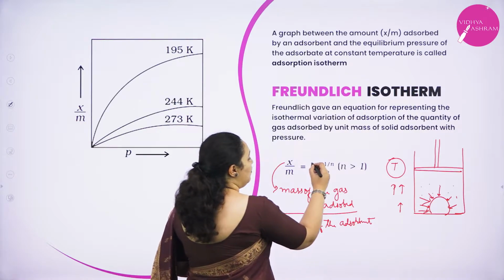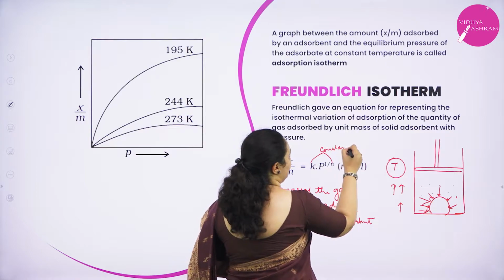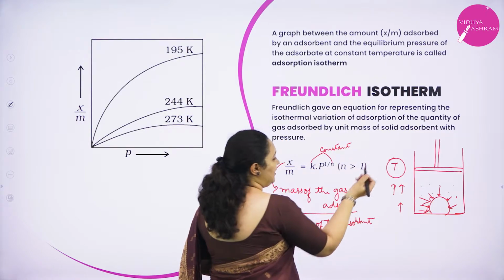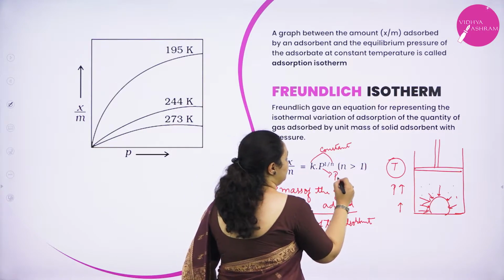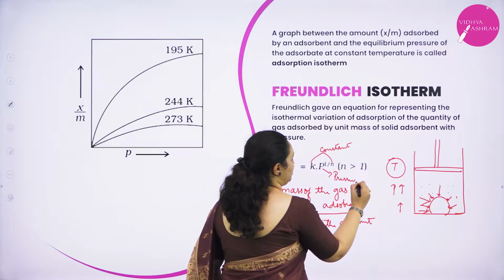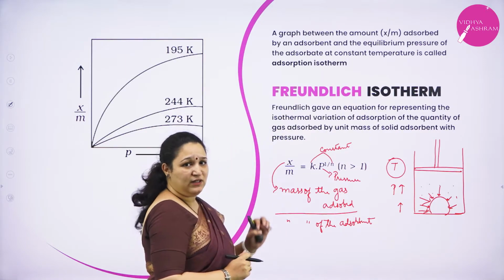And what are k and n? They are constants, which can again vary when the temperature is varied. And p means pressure.